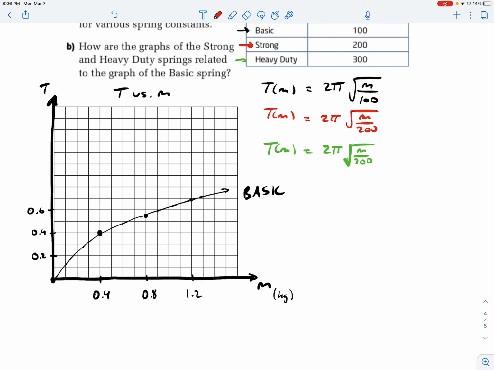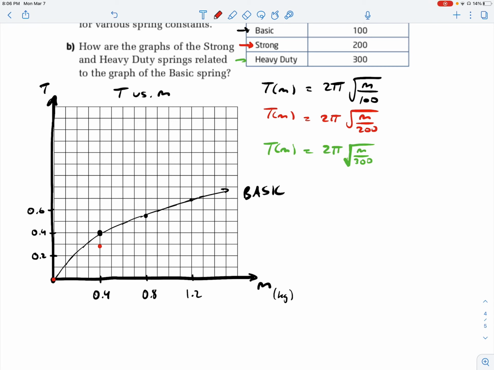All right, now our strong spring with a spring constant of 200, this one's in red. So we still have a point at the origin. So when M is 0 in here, this whole thing is 0. And then if we were to plug in 0.4 in here, we end up getting a value for T at just below 0.3. So right there.